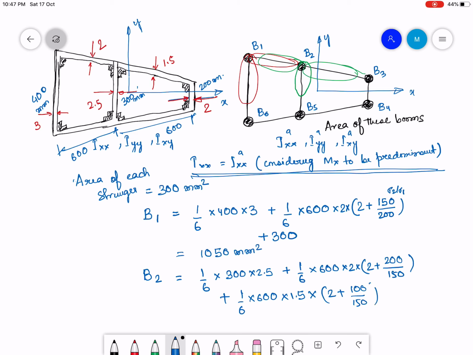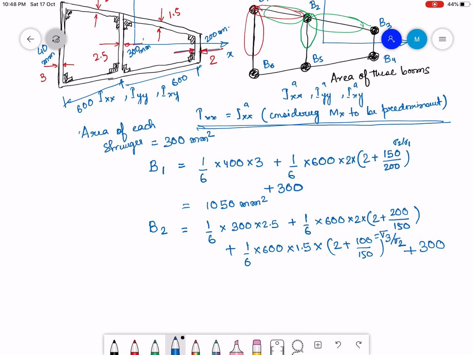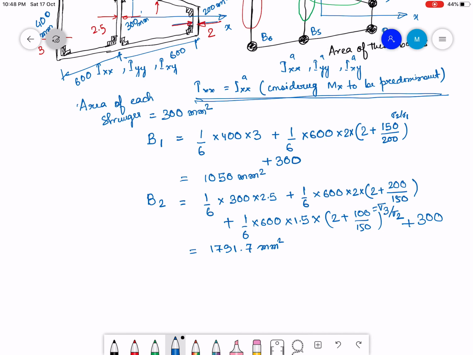So this is sigma 3 by sigma 2. Plus of course the area of the stringer, which is 300. If I calculate this, this has already been done in Maxent, so that is going to be 1791.7 millimeters square.